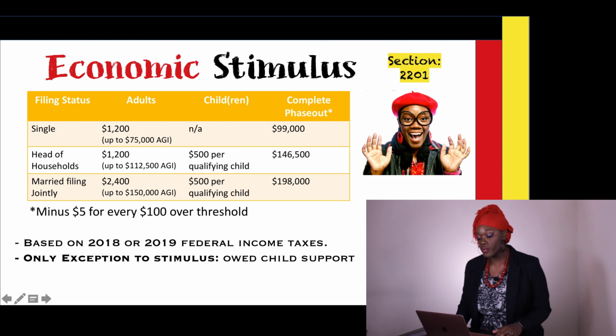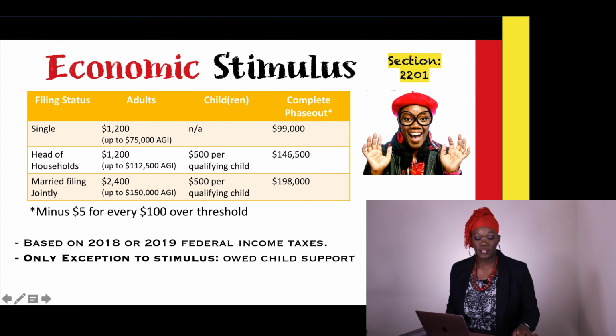All right, so the first thing that we're going to talk about is the economic stimulus package. You've probably seen a lot about this. People were already making memes and jokes about this along the way, but it was definitely included as a part of the act. As you'll notice, there's a section number listed on each one of my slides. That section number corresponds to the act.